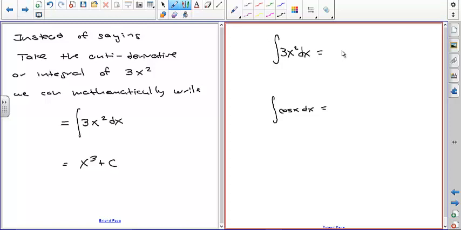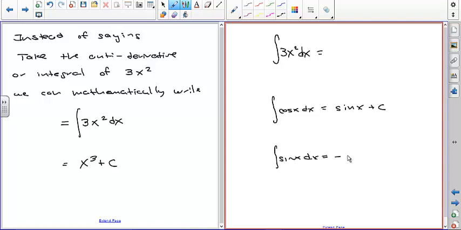Okay, so we just did this one. So the second example, if we show the integral or the antiderivative of the cosine of x, that would be equal to the sine of x plus c. And that's because the derivative of the sine is the cosine. So the integral of the cosine is the sine. So we do the same thing if you take the integral of the sine of x dx.